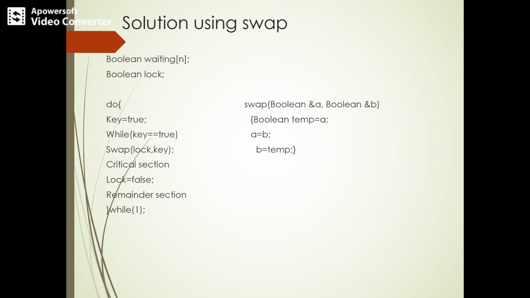Swap exchanges the values of the boolean variables, so the lock and key values are exchanged. Lock is initially declared to false. So false and true are exchanged, becoming true and false. And the particular process remains executing the critical section.